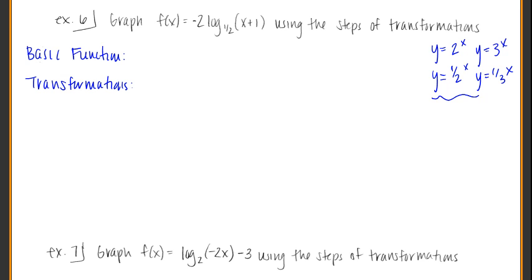Those were all the exponential ones from last lesson. For this one, the basic functions you have a choice of are y equals log base 2 of x, log base 3 of x, y equals log base 1/2 of x, or log base 1/3 of x.